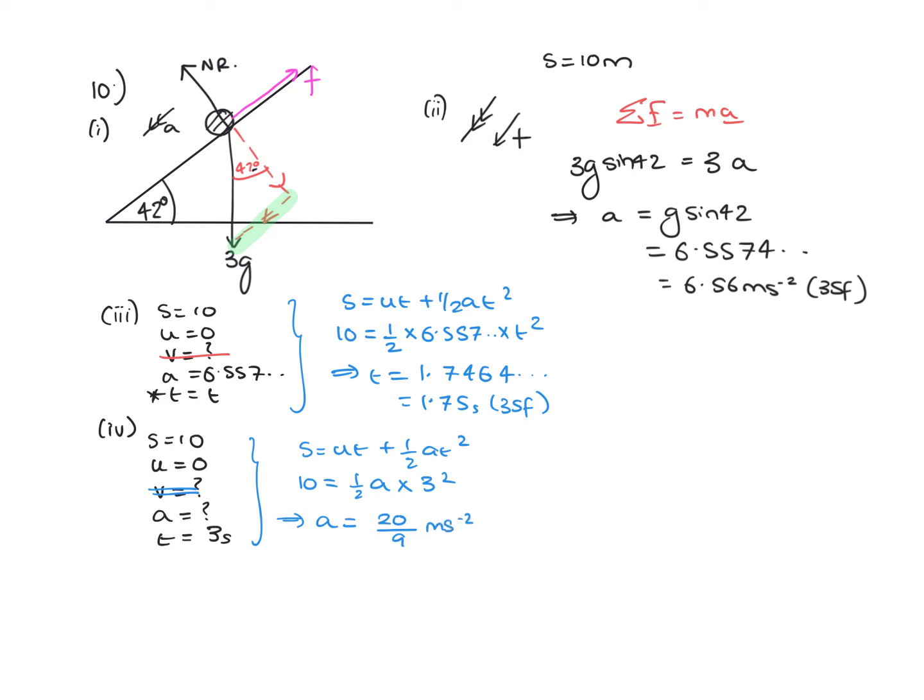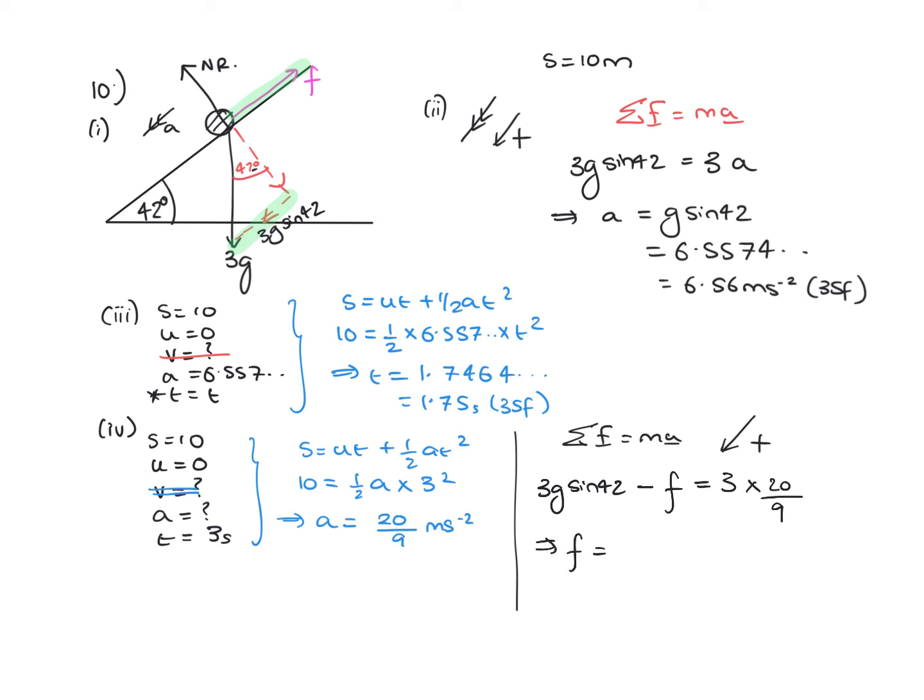If we then resolve the forces acting on the brick using F equals ma, again taking down as positive, this time I'm going to highlight the 2 forces that run parallel to the slope that will contribute to the resultant force. 3g sine 42, that's this component here, remember we've used it already, 3g sine 42 minus F, going up the slope, is equal to the mass, which is 3, multiplied by the acceleration 20/9, and we can then rearrange this to work out the friction.